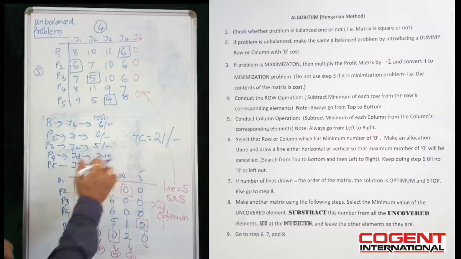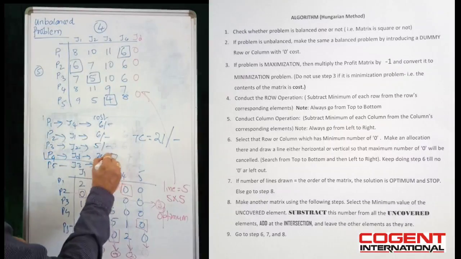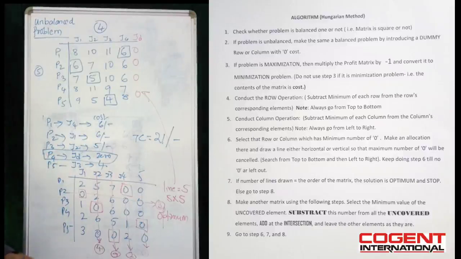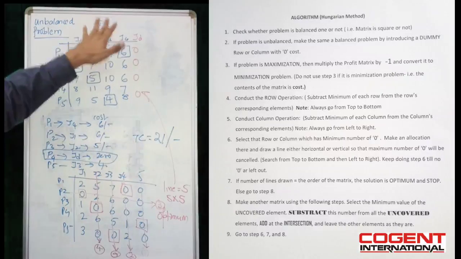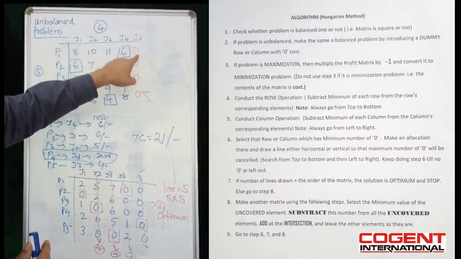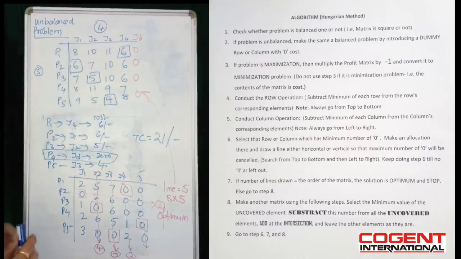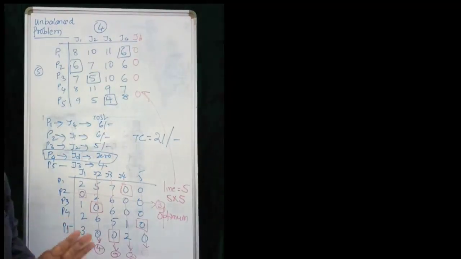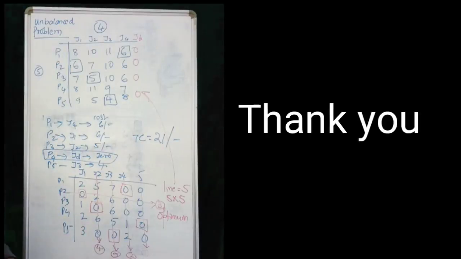So P4 is the person who does not get the job because we have given him a dummy job. So friends, this was an unbalanced problem where there are 5 rows and 4 columns. It was a cost matrix, so I have added a dummy column with zeros, and after that I start as usual with solving the problem. Thank you very much.